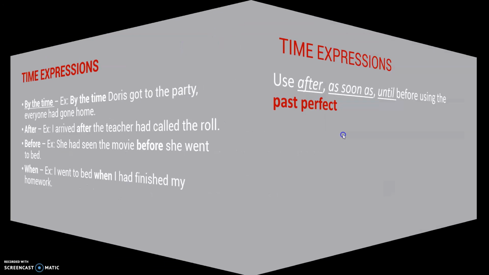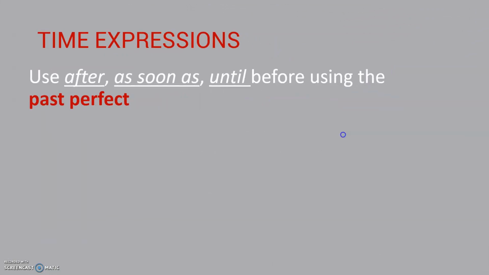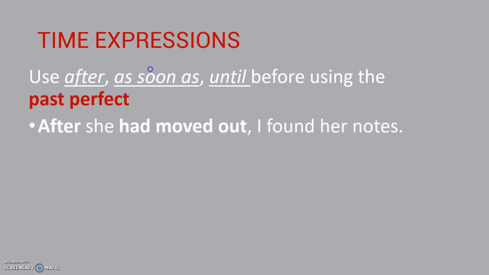When we use the time expressions after, as soon as, or until, we're going to use the past perfect. For example, after she had moved out, I found her notes. We have the time expression after, then one sentence in past perfect, and then the other sentence in the simple past, which is the complement of this sentence.